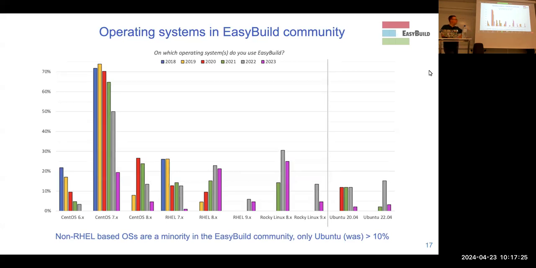Everything else, so newer versions of Ubuntu, older versions, Debian, SUSE, whatever other operating system you can think of, is definitely below 10% and very often below 5% of adoption. So we're very heavily RHEL based. I personally don't see this changing anytime soon. If somebody else thinks it will, let us know, because then we should definitely be aware of it. But I don't see it happening.